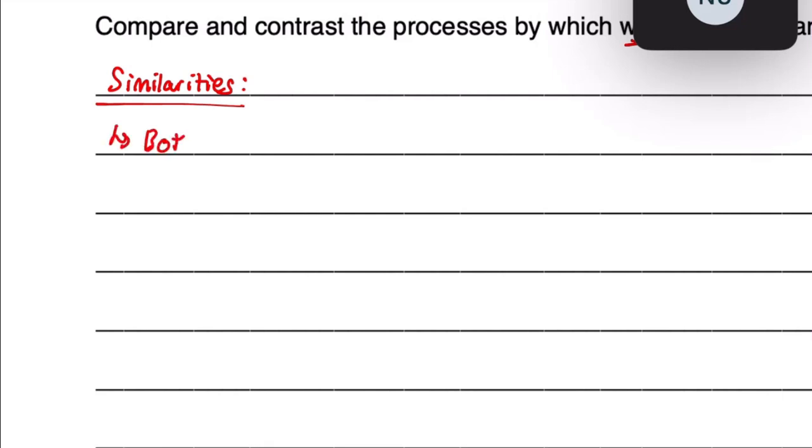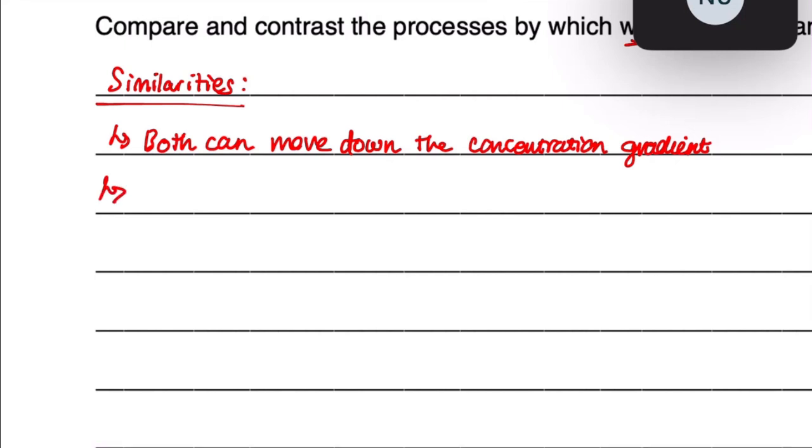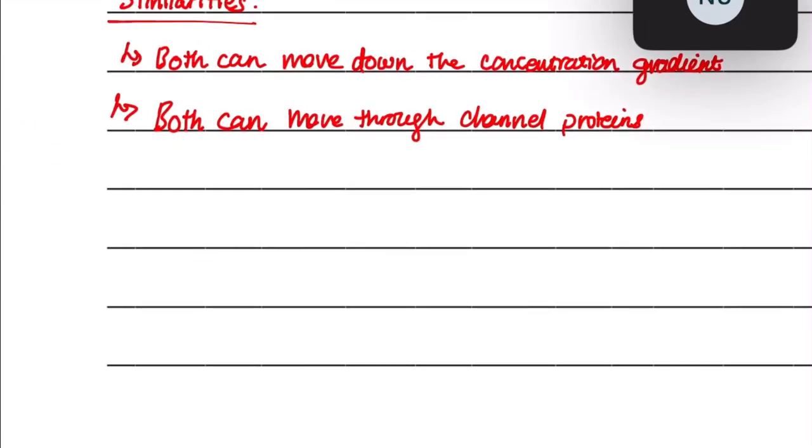So both have the ability to move down the concentration gradient, and both of them can move through channel proteins within the plasma membrane. Now, contrast.